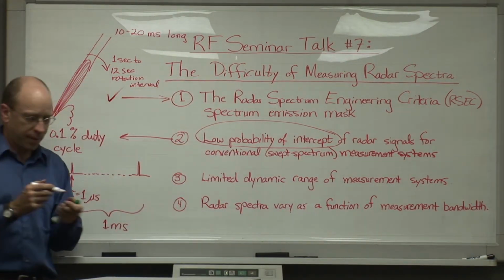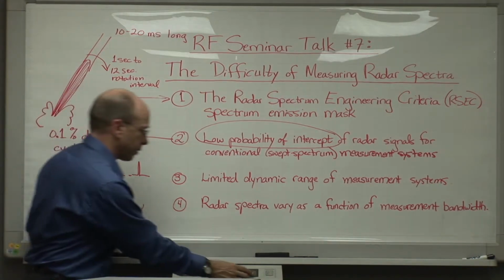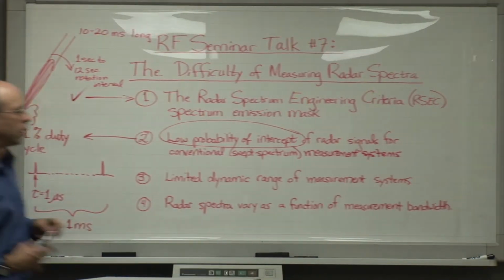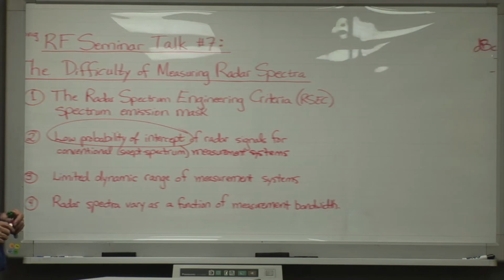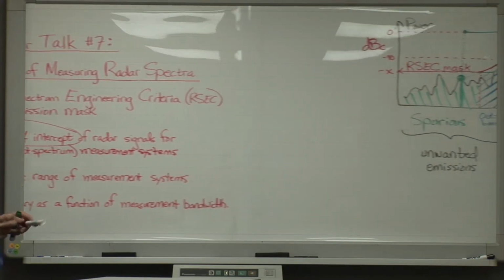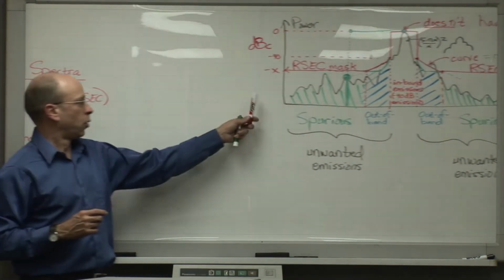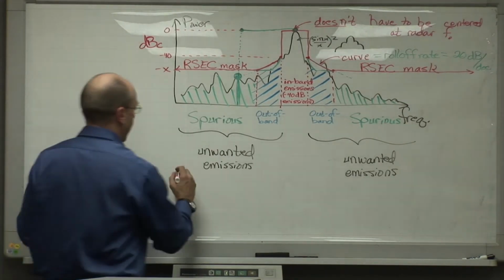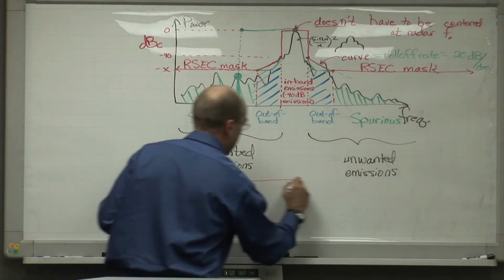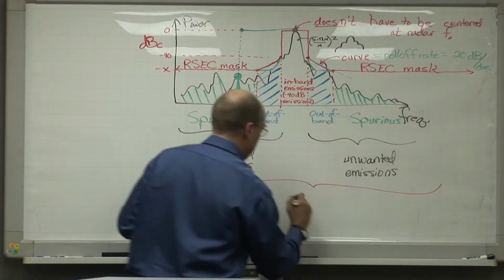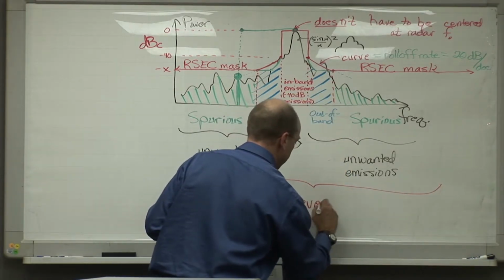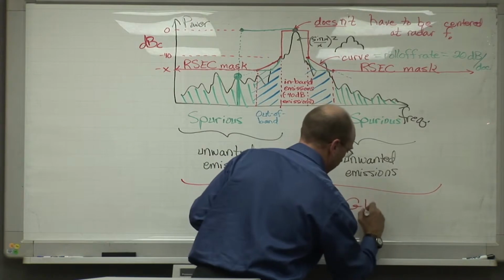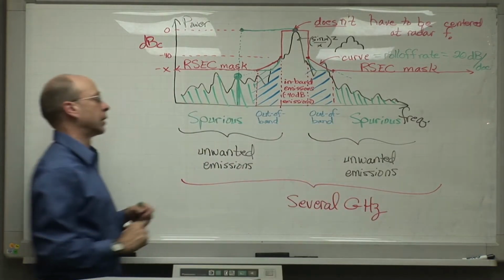And this becomes problematic if we're trying to fill in a spectrum that's going to look like the one that I drew in black here, where this spectrum, when we're measuring it for compliance with the RSEC, might typically need to be measured over a range of several gigahertz.